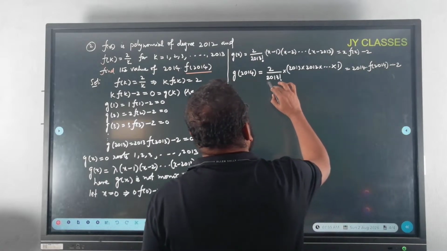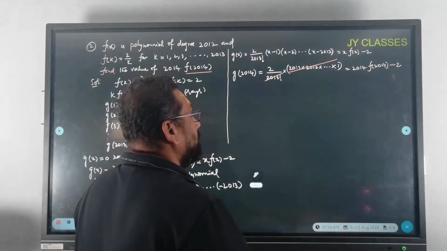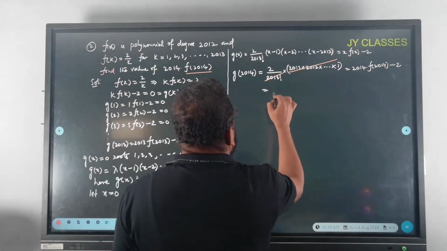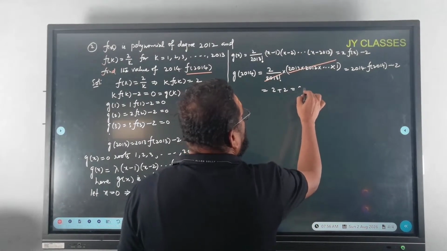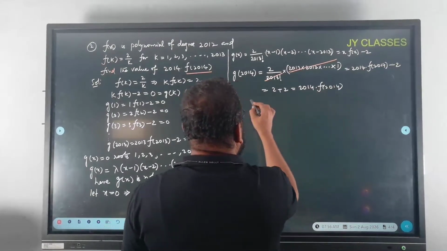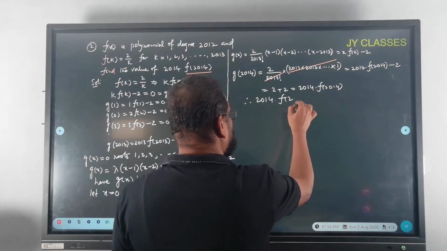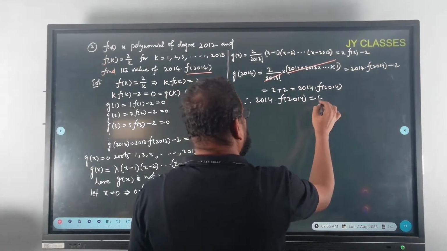Observe, this 2013 factorial and that 2013 factorial get cancelled. Minus 2 on this side becomes plus 2. 2 plus 2 is equal to 2014 into f of 2014. So 2014 into f of 2014 is equal to 4.